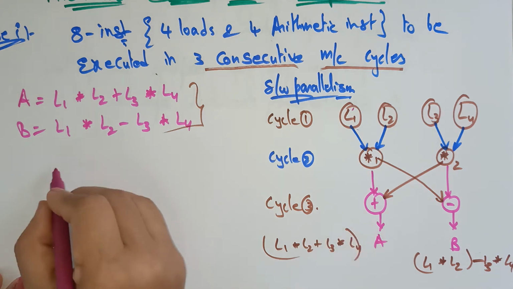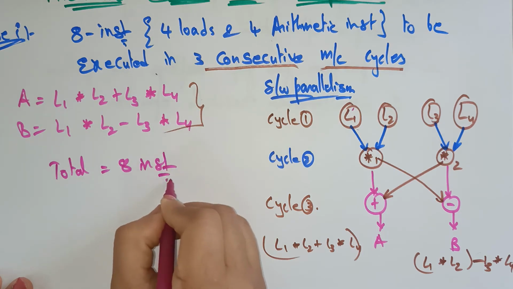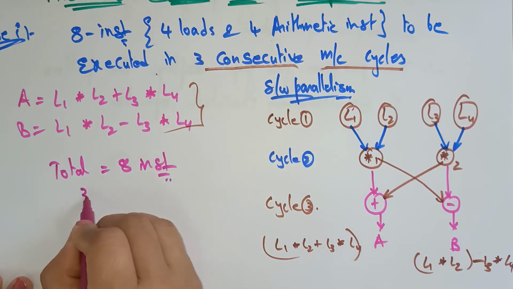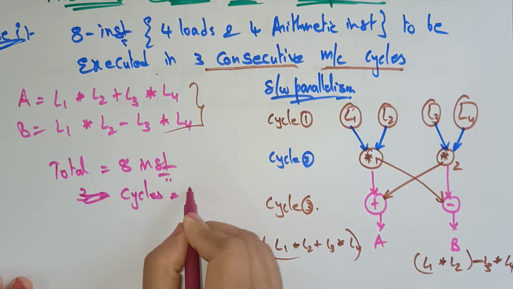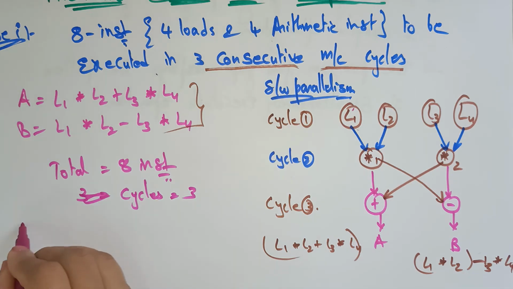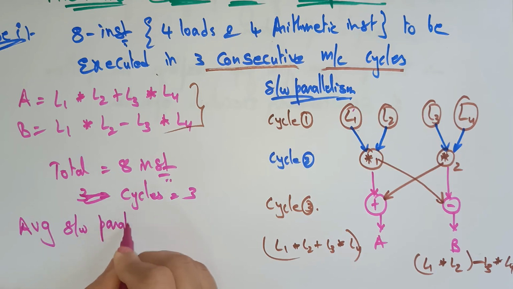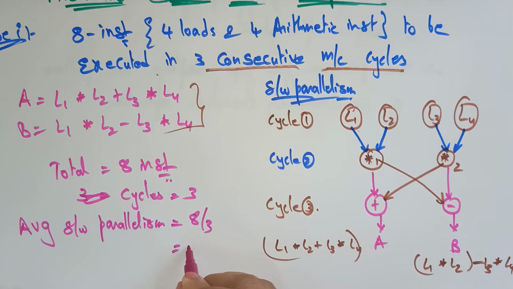So in total how many instructions? 8 instructions. And how many cycles? 3 cycles. These 8 instructions are executed in 3 cycles. So what is the average software parallelism? The average software parallelism is 8 by 3, that is 2.67 instructions per cycle.